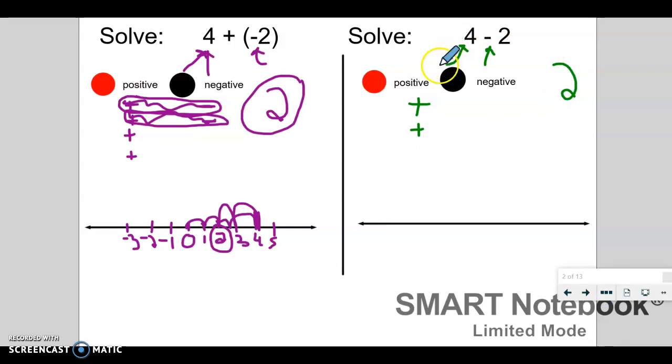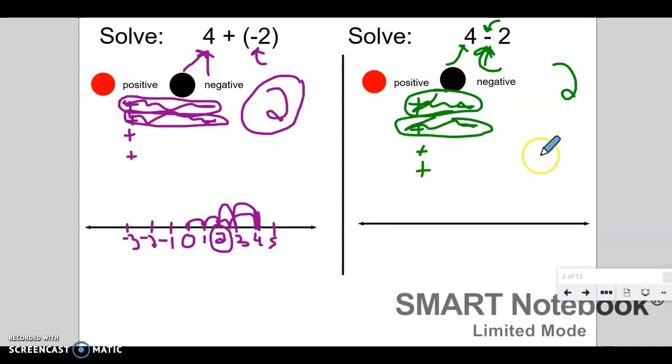Or you can think of it as, again, if I go back to my positive signs, the same mentality that we've been doing. What's the sign out in front of 2? It happens to be negative. That subtraction sign applies to the 2. So I have 2 negatives, and then do your zero pairs. And you're left with 2 positives as well.